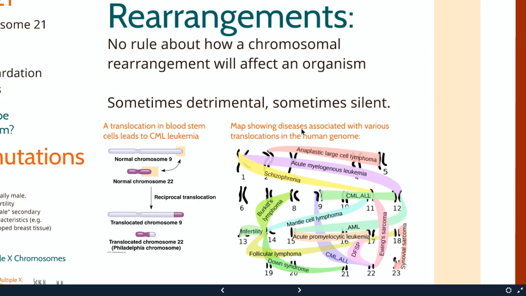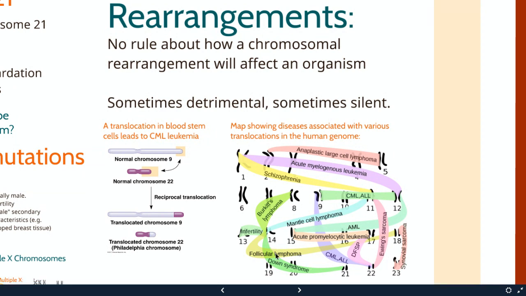So here's a map showing diseases associated with various translocations in the human genome. And so here we have one from 5 over to 2, anaplastic large cell lymphoma. Schizophrenia is when we have one from 11 that's translocated onto chromosome 1. Let's see, what else do we have?